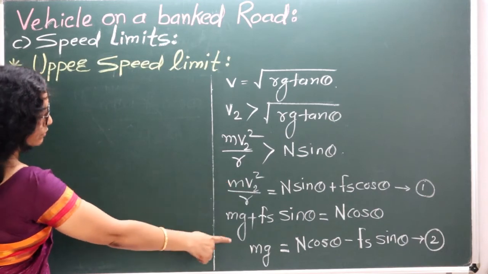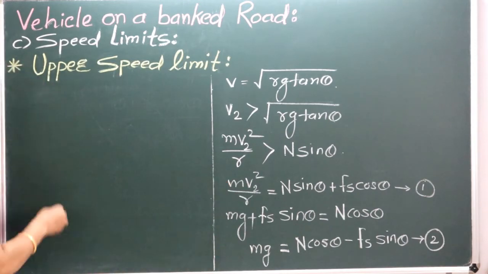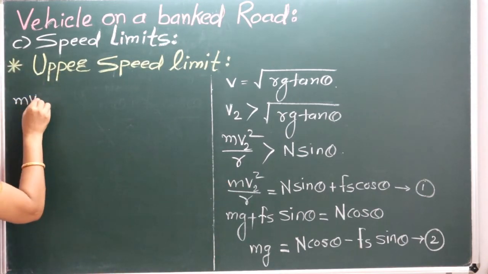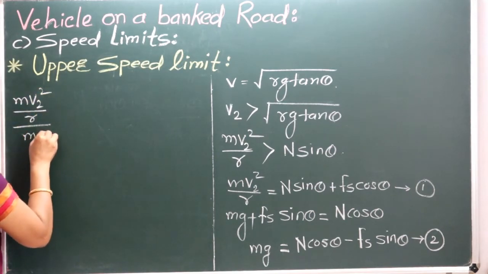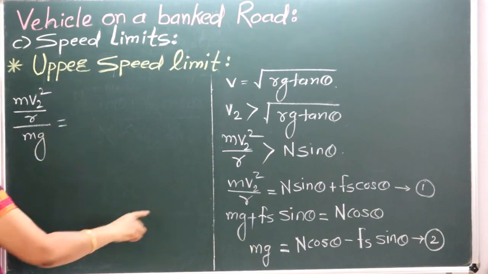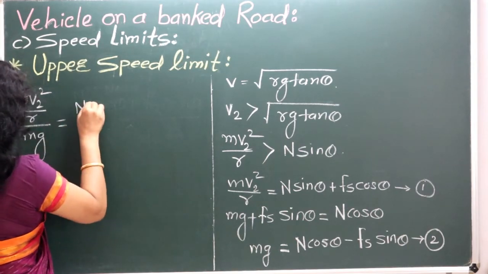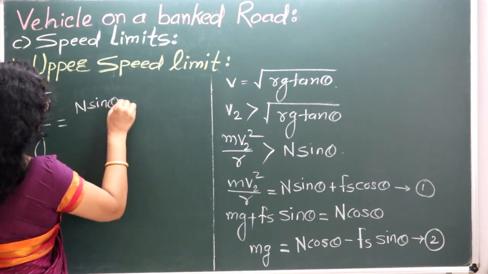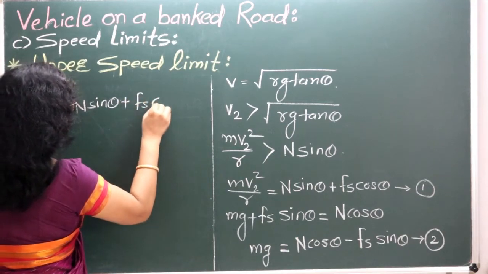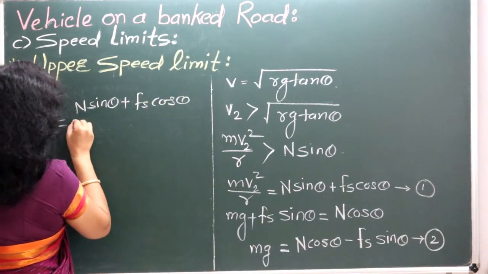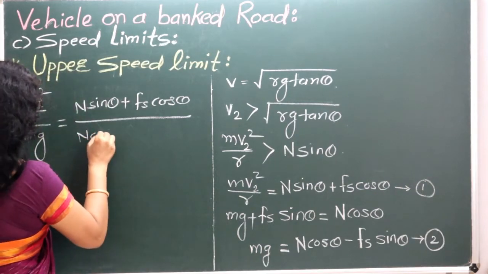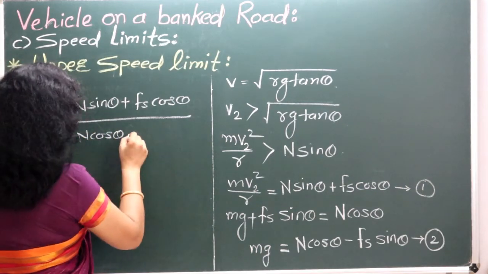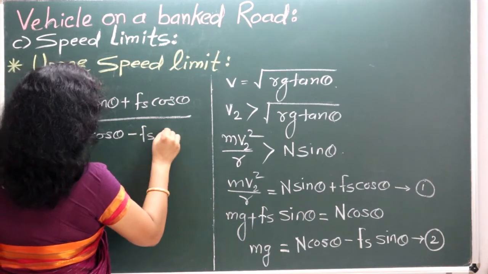Divide equation 1 by equation 2, we will get m v2 square upon r divided by mg equal to N sin theta plus Fs cos theta divided by N cos theta minus Fs sin theta.